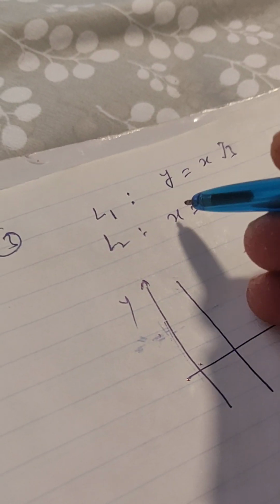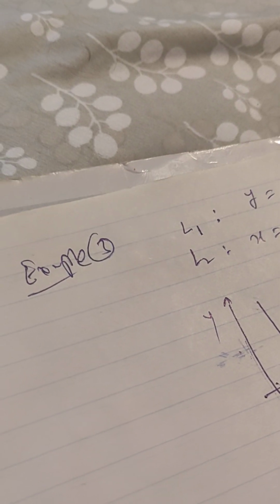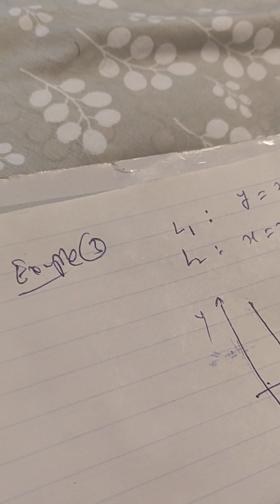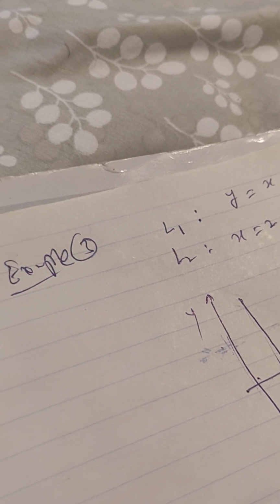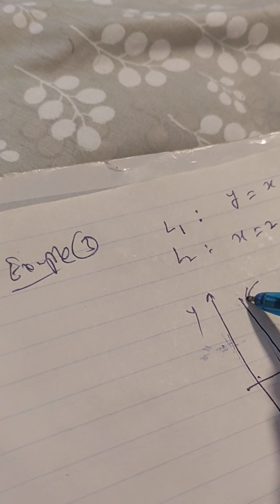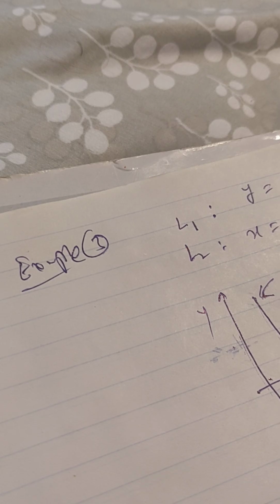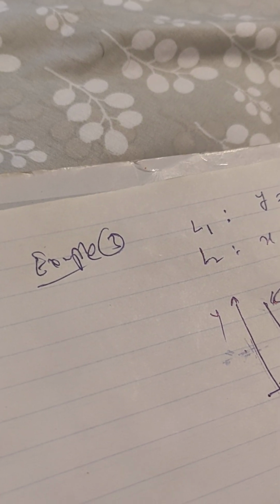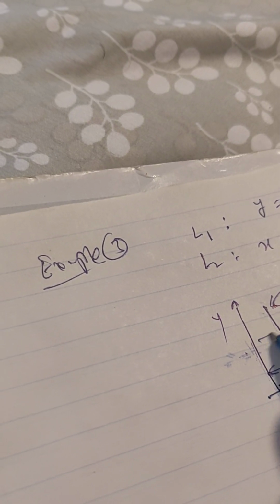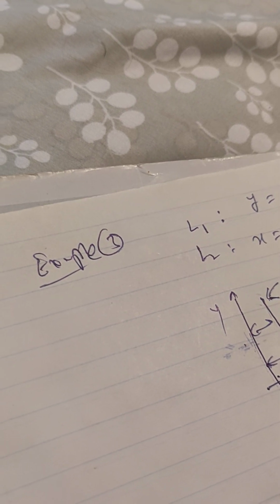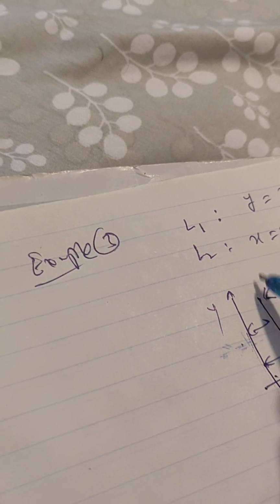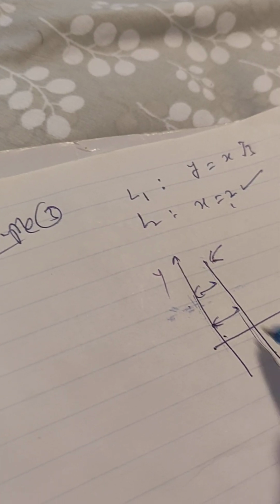If you see closely this equation, I mean the linear equation of this straight line, what do you see? What do you infer from this line? You see, the value of x remains constant, whereas the value of y may increase or decrease.